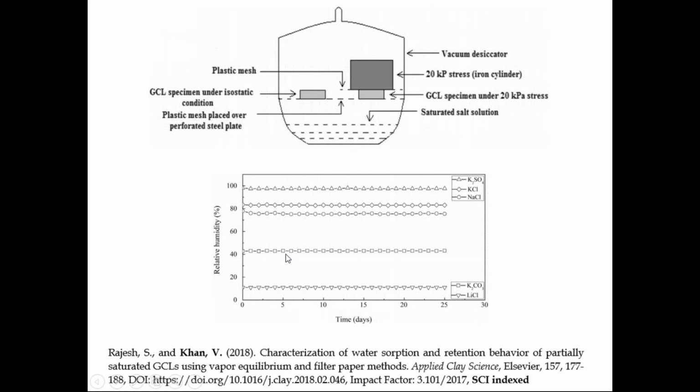From the total suction, the relative humidity of the salt solution is calculated. After that, the specimen was again placed in the vacuum desiccator. This process is continued for almost 25 to 30 days till equilibrium is achieved.